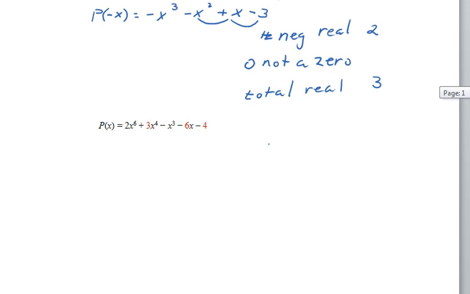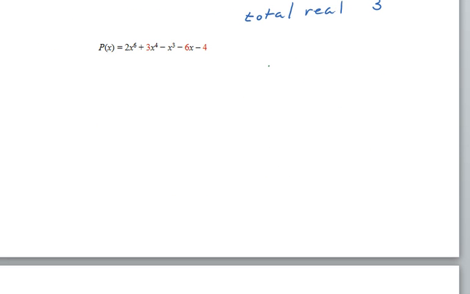Going to the next example, we have 2x to the 6th plus 3x to the 4th minus x cubed minus x minus 4. So no sign change from the first term to the second, but there is from the second to the third, not the third to the fourth or the fourth to the fifth.